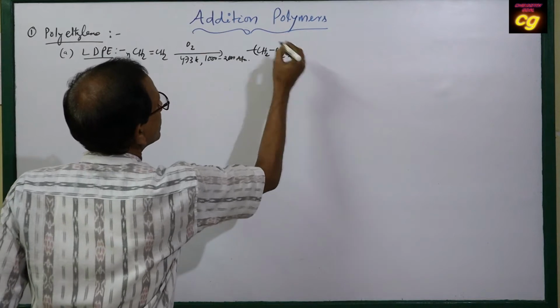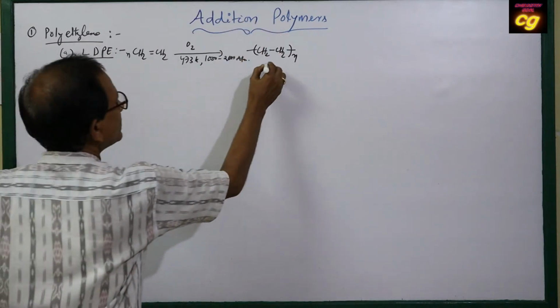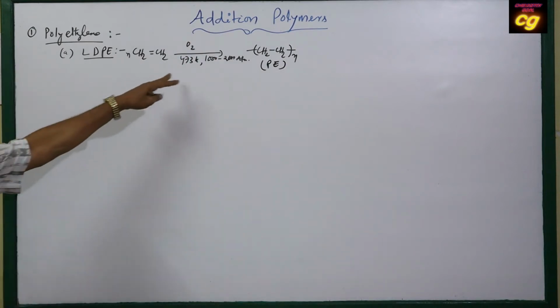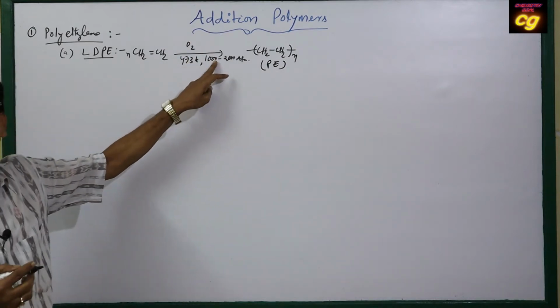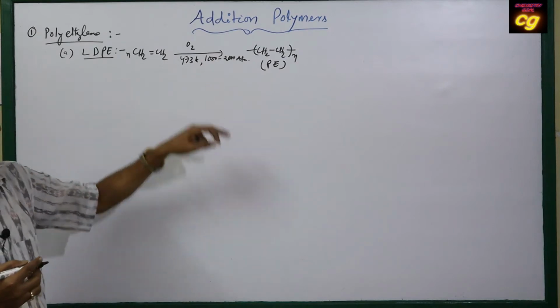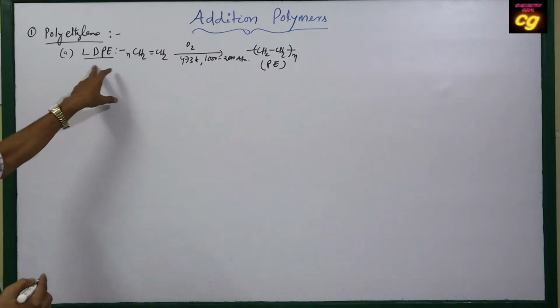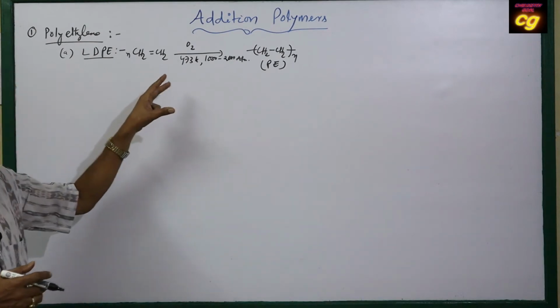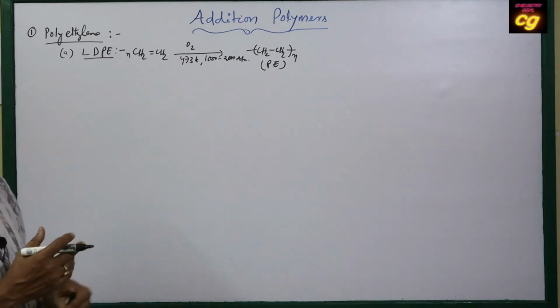The short form is PE, polyethylene, and it is prepared at a high temperature and high pressure. It is called low density polyethylene. Low density polyethylene means the intermolecular force, the van der Waals force, is weak. That's why the density is low.